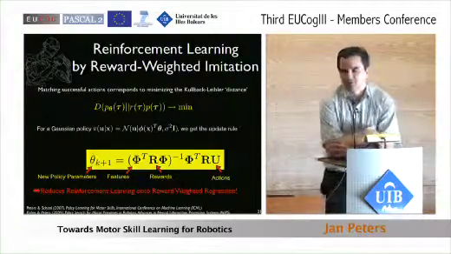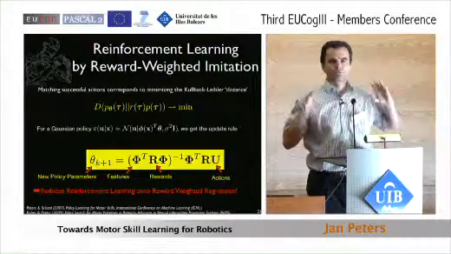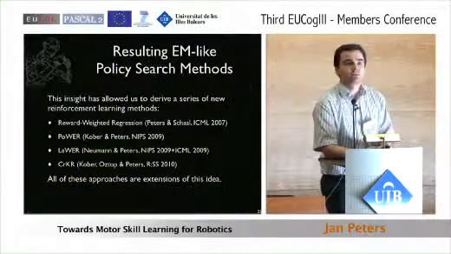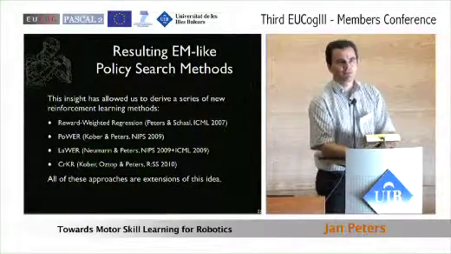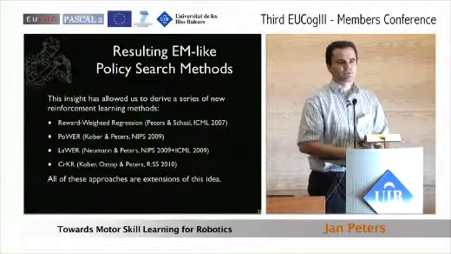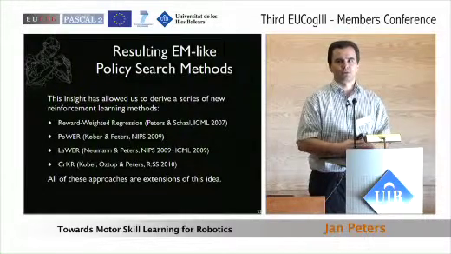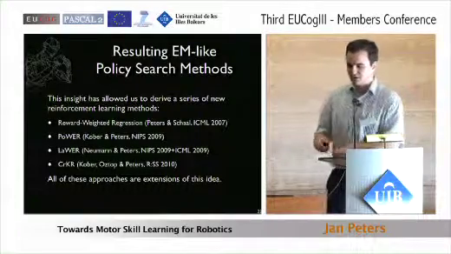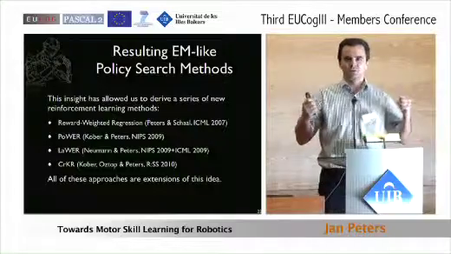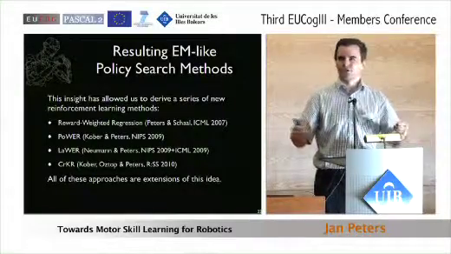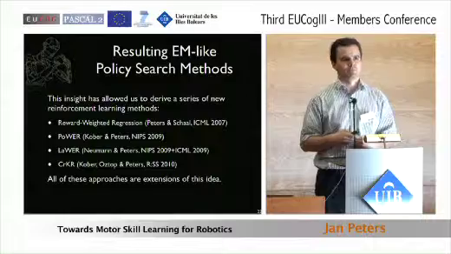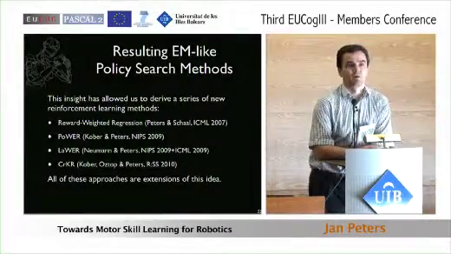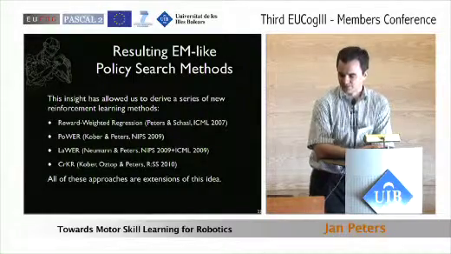And what we can do now is that we can take our most favorite form of a regression method, and with this, create a policy and create the update rule, and directly get a very straightforward, a very stable, a very, very powerful learning process. And for us, that was, of course, really amazing, since it allowed us to now go to the general machine learning community and drag in the best methods possible. And these were 4 of the approaches which we came up with, resulting from this scenario.